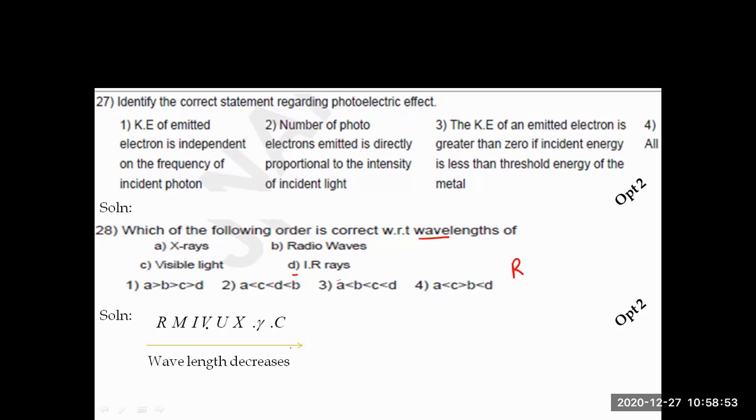Then comes visible, then X-rays. They have given it in increasing order, so X-rays are least. Option 2 is correct.